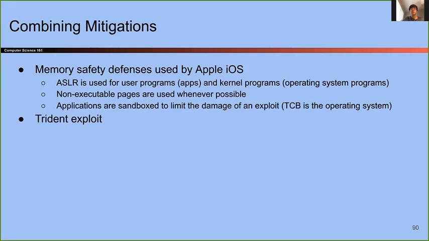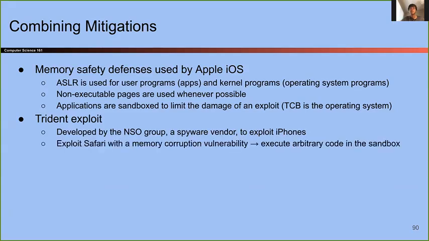This led to something known as the Trident exploit. So this was developed by the NSO group. They sell exploits and spyware to people to exploit iPhones. First, they would exploit Safari with a memory corruption vulnerability, which allows them to execute arbitrary code within the sandbox. That's the first problem.